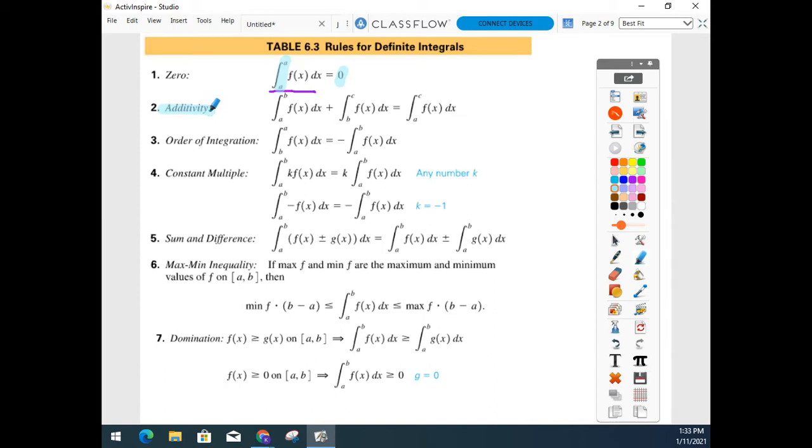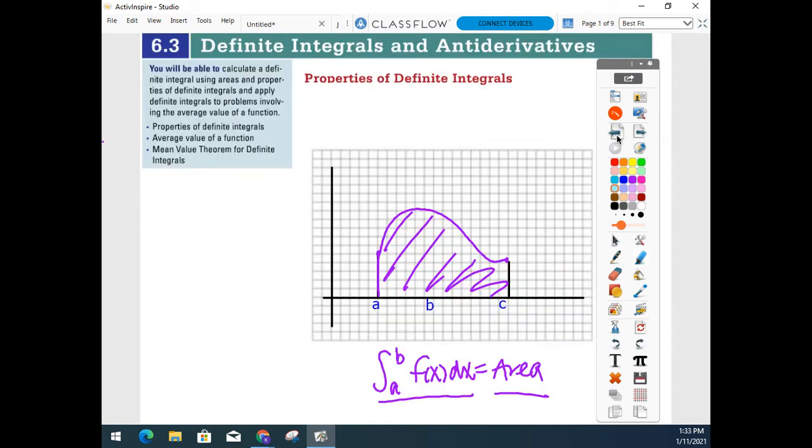This second one is going to be extremely important. What this says, and what I want you to pay attention to, is these have to be the same in that diagonal. So if I'm going from A to B and I find this area, then I go from B to C and I find this area.